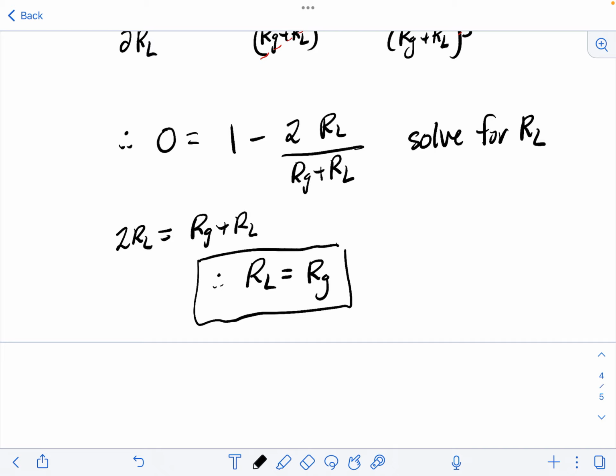So what this shows us is that to maximize the power delivered to the load, we need to match its resistance to the output resistance of the function generator.